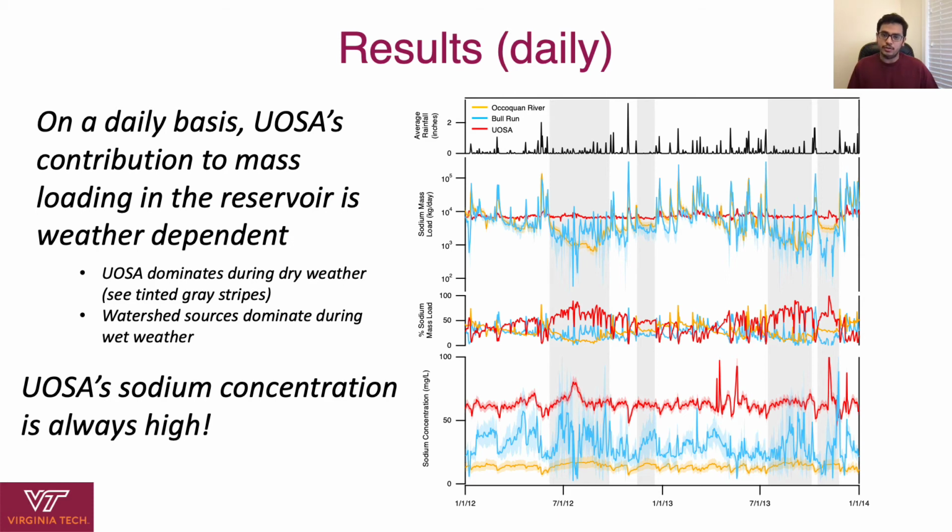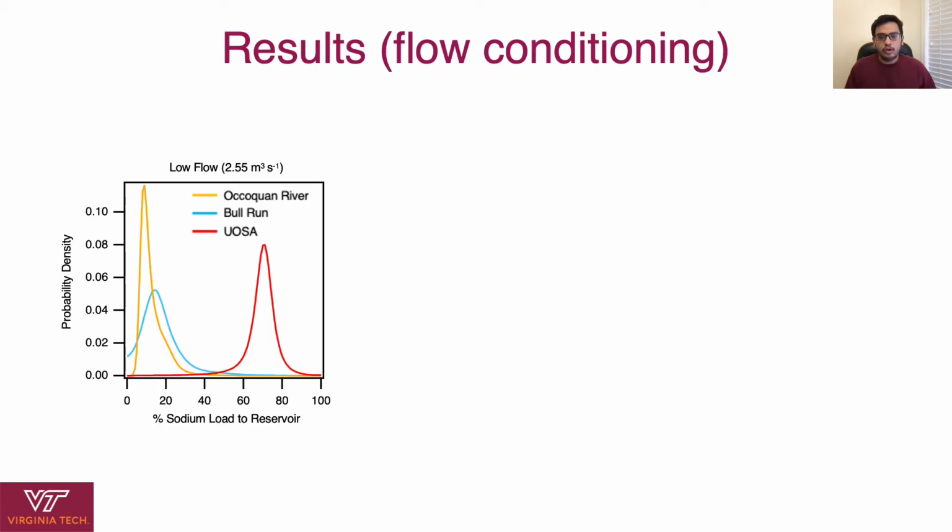To further investigate the influence of weather on sodium mass loading, we applied a copula-based conditional probability analysis to daily mass load predictions and conditioned them on total discharge of water flowing into the reservoir. This is a proxy for local weather conditions. We chose 3 such conditioning events that correspond to low, medium, and high flows.